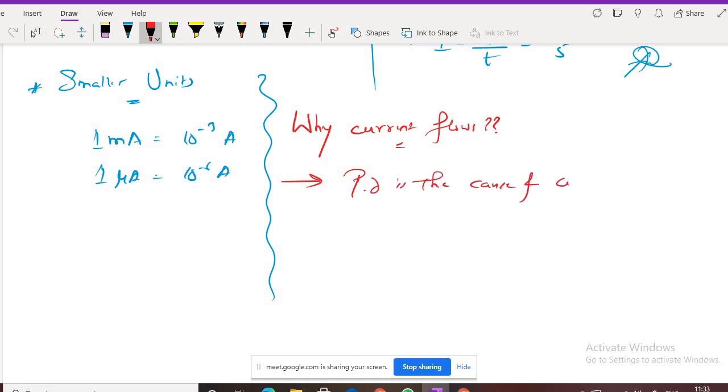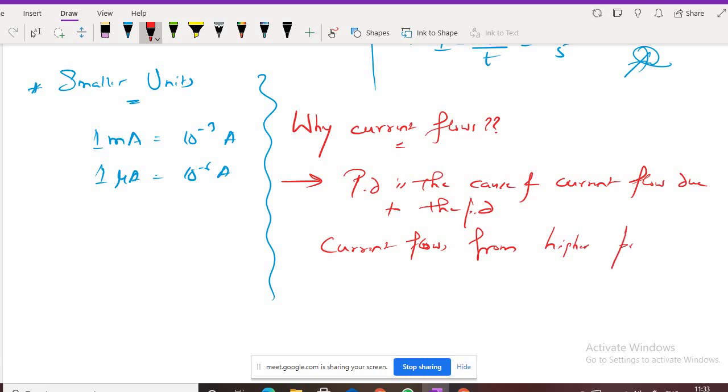and current flows due to the potential difference. That is, current flows from higher potential to lower potential.